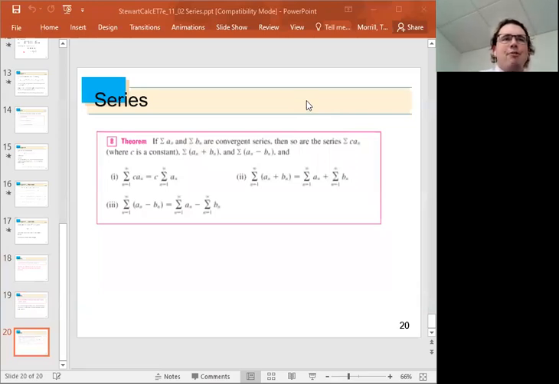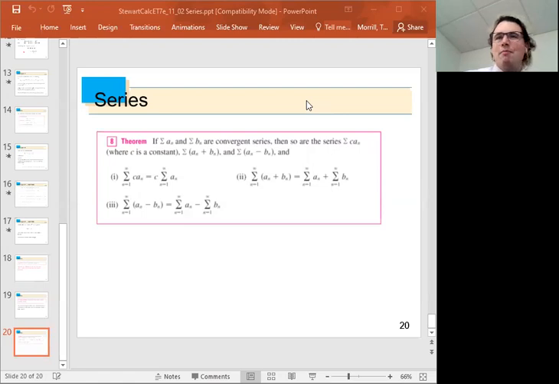Now, since we define these infinite series in terms of limits, all of the old rules for combining different limits still work. And the most useful of these are these 3 rules right here.